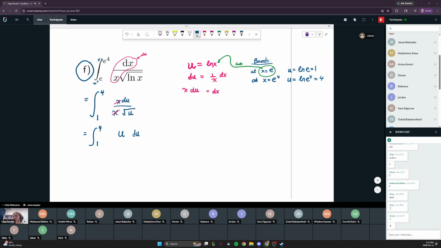With this information, find a particular solution to this differential equation. So how can we solve that?